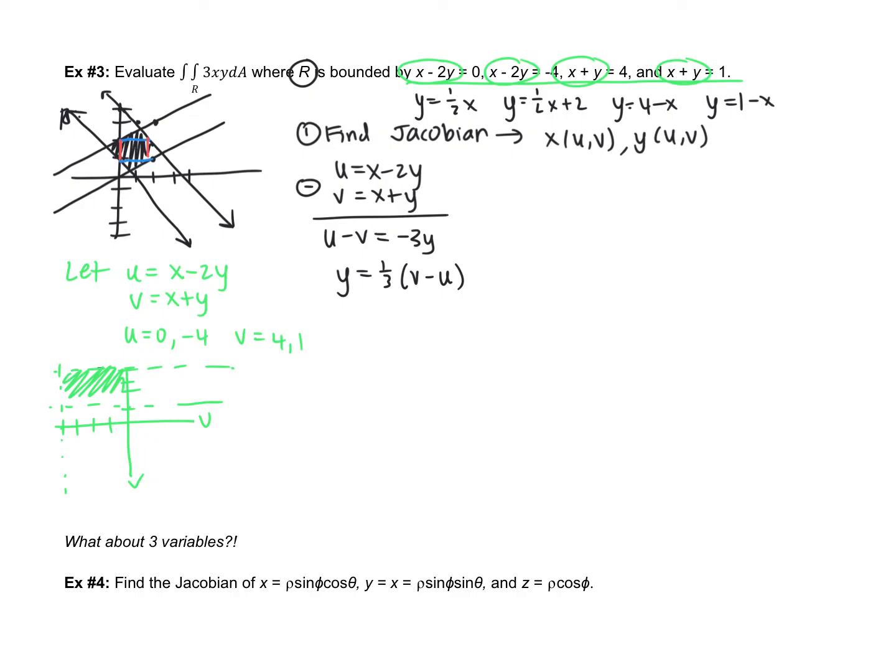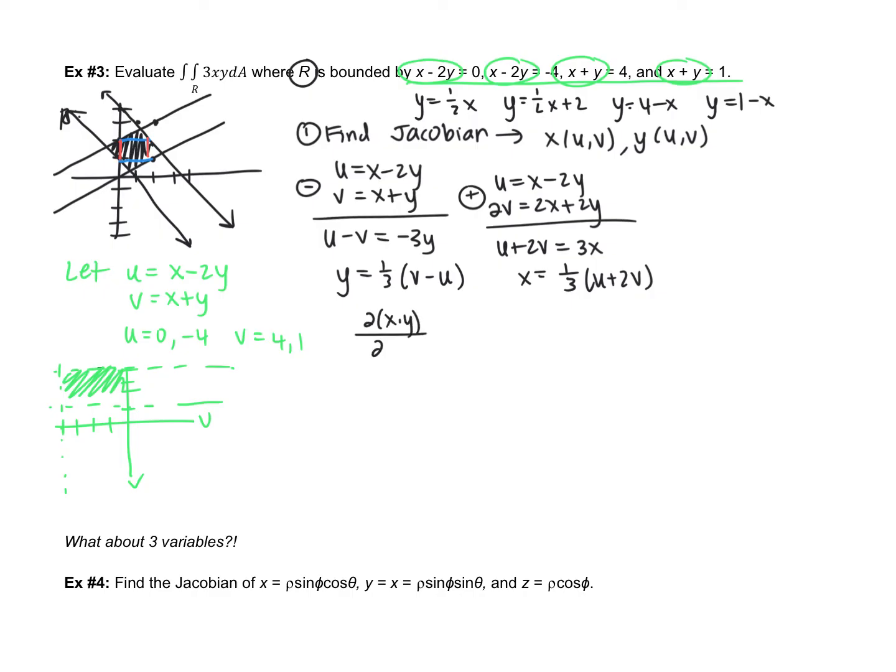Then if I take those same two equations, I'm going to double the bottom one, so I get 2v is equal to 2x add 2y. Now when I add them, that'll get rid of my y's, so I get u add 2v is equal to 3x. So my x then is 1/3 (u add 2v). So remember, the whole reason we were doing this was to find the Jacobian. So I need the Jacobian of x, y as it relates to u and v.